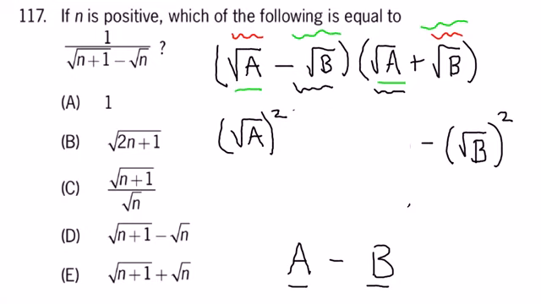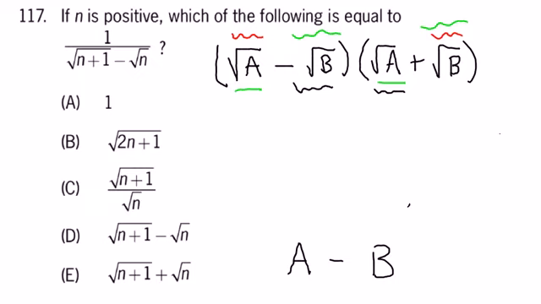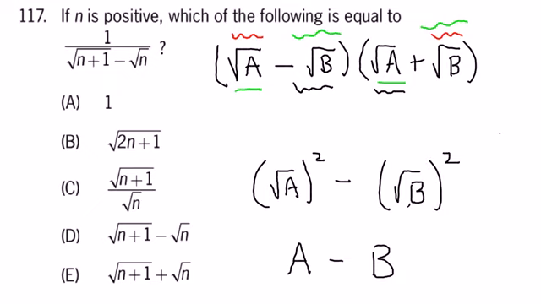And let's say we started with A minus B, and for whatever absurd reason we decided, hey, let's write this as square root of A squared minus square root of B squared.